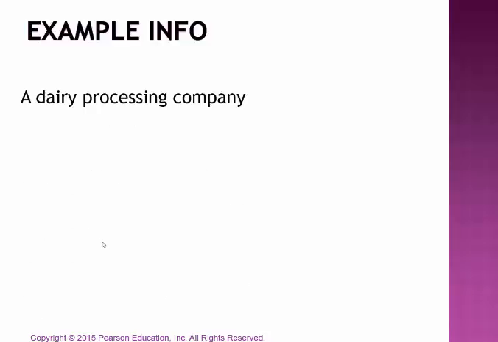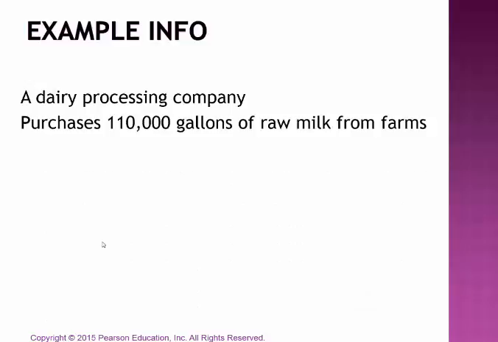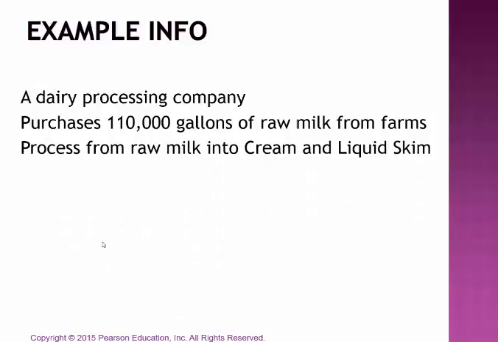Again, we're going to look at a dairy processing company. They are going to purchase 110,000 gallons of raw milk from some farms. And they're going to process that milk into cream and liquid skim.